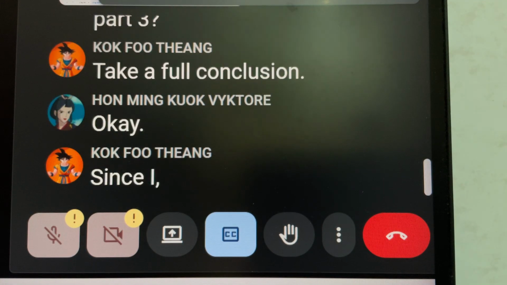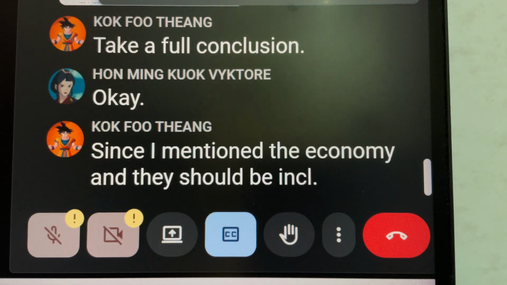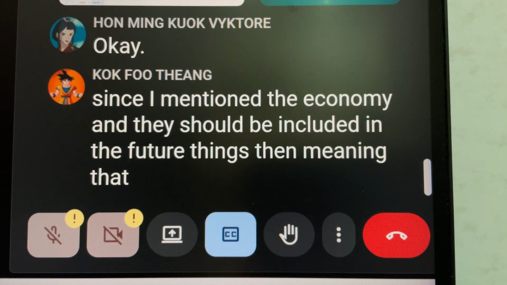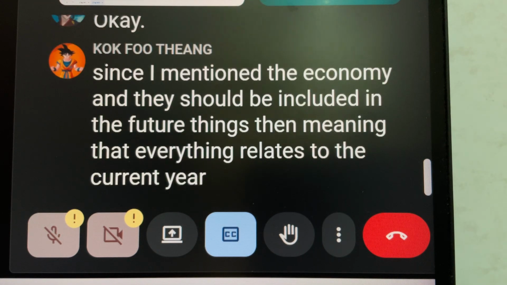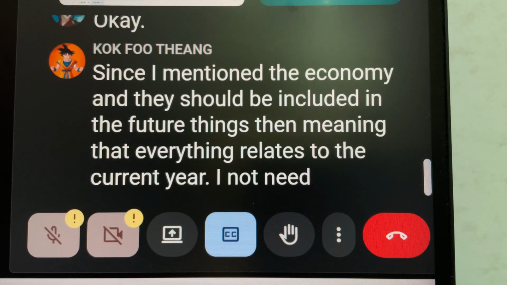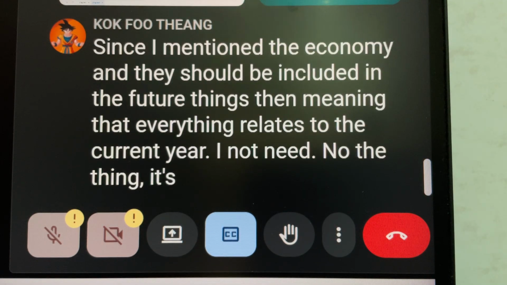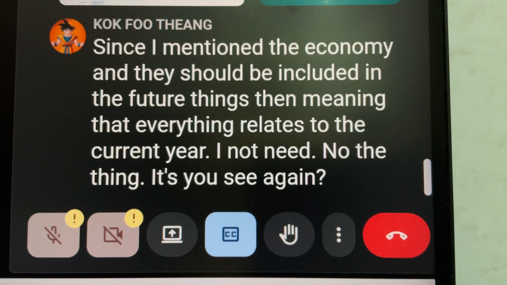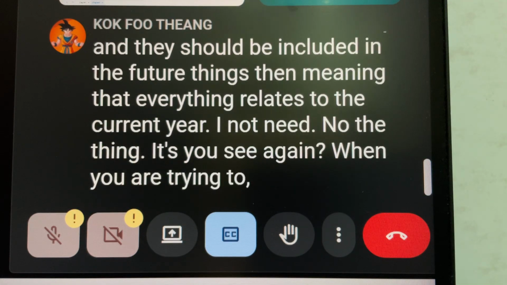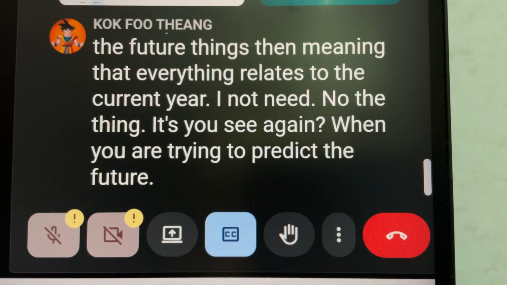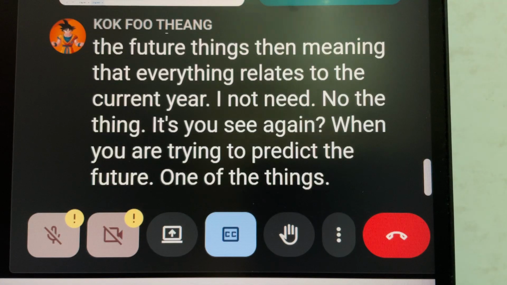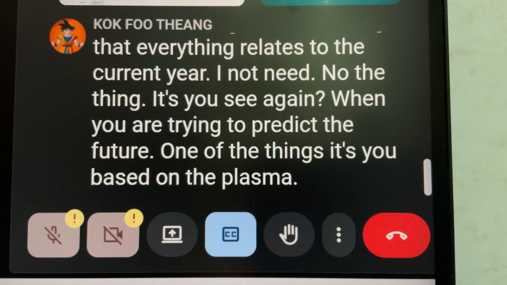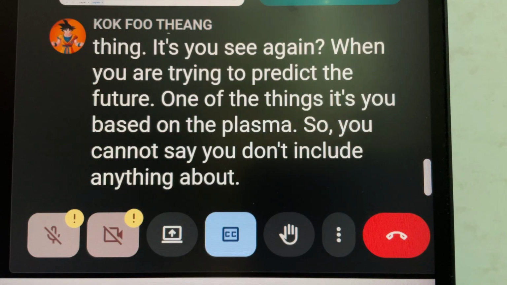Since you mentioned the economic analysis should be included in the future things, does that mean everything relating to the current year I don't need? No. When you are trying to predict the future, you base it on the past. So you cannot say you don't include anything about the current year.